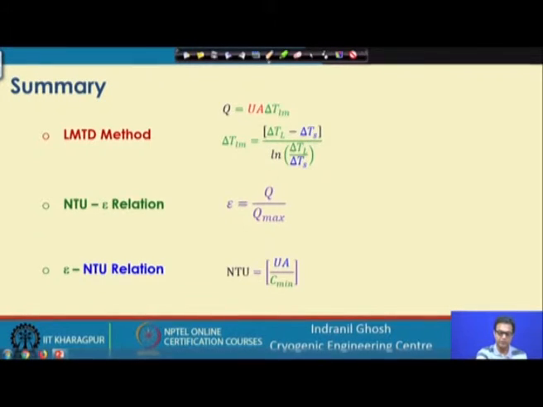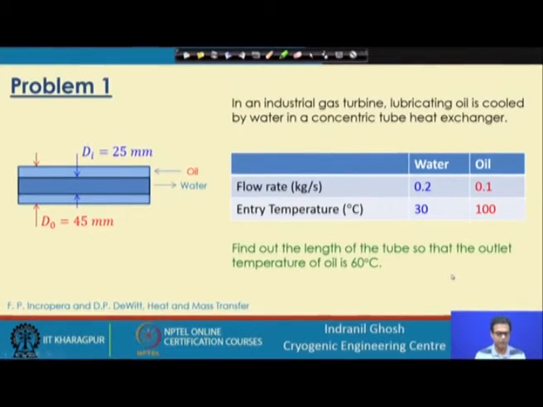We have taken this example from the Incropera and DeWitt heat and mass transfer book, and it is dealing with an industrial gas turbine heat exchanger, where the lubricating oil is getting cooled using water in a concentric tube heat exchanger.